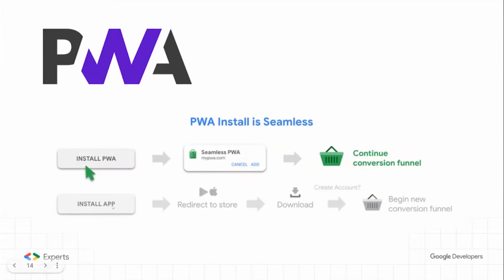Now, installing an app will have them redirected to the app store, download the file, which is maybe 50 MB, 100 MB, and then create a new account or log into their account from there, and then begin a new conversion funnel, which is a bit longer.